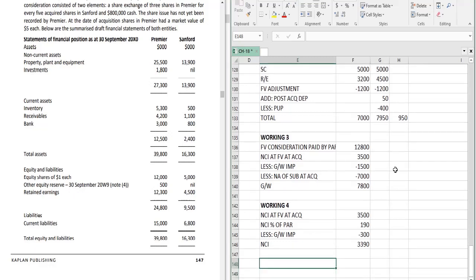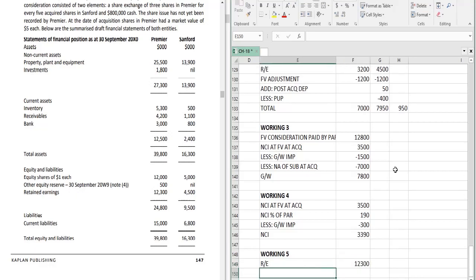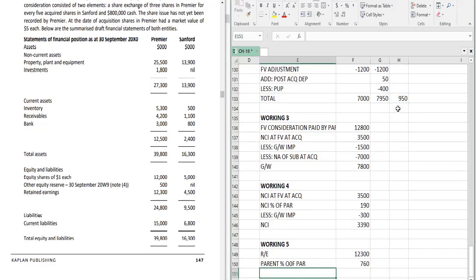So now we will move to working 5, which is the last working for this question. So we will take the retained earnings of the parent, which is given in the balance sheet. We can have a look at it. That is 12,300. Then we will add the parent percentage of post acquisition reserve. So the parent percentage is 80%. Then we will deduct goodwill impairment, so parent percentage is 80% into goodwill impairment.